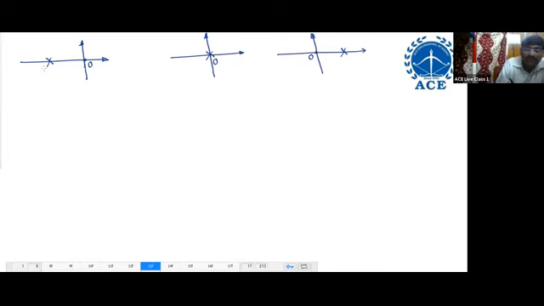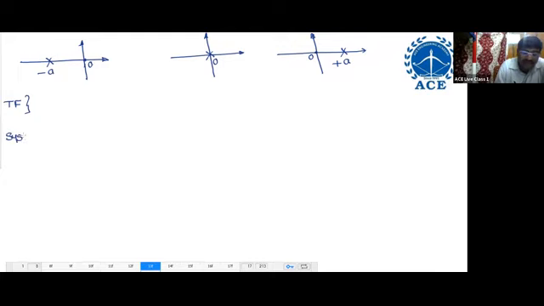For this, what you do? For example, you take here minus A, no problem. This you take plus A. Then first you write the transfer function.